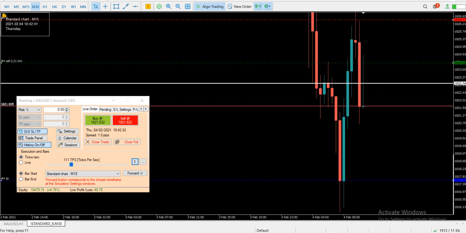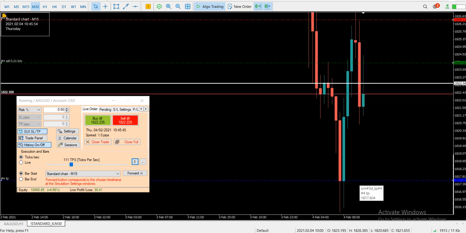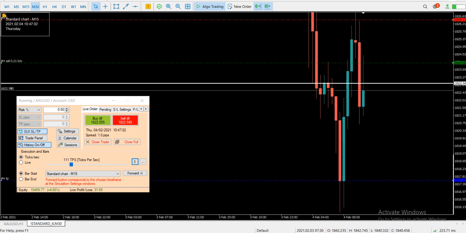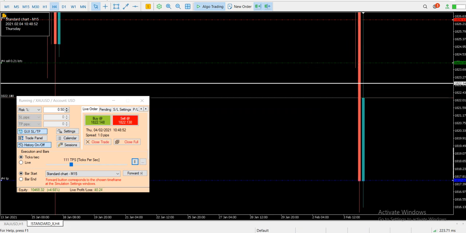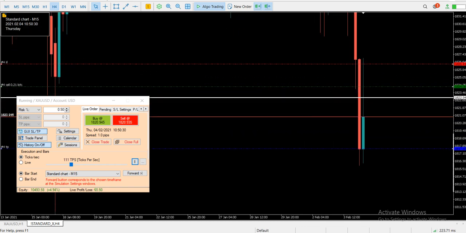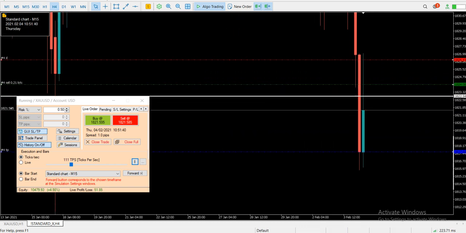Okay, this candle went up to maybe create a top wick. Now it should continue pushing down and retest the lows it created before. 4 hour is rejecting from that same level.